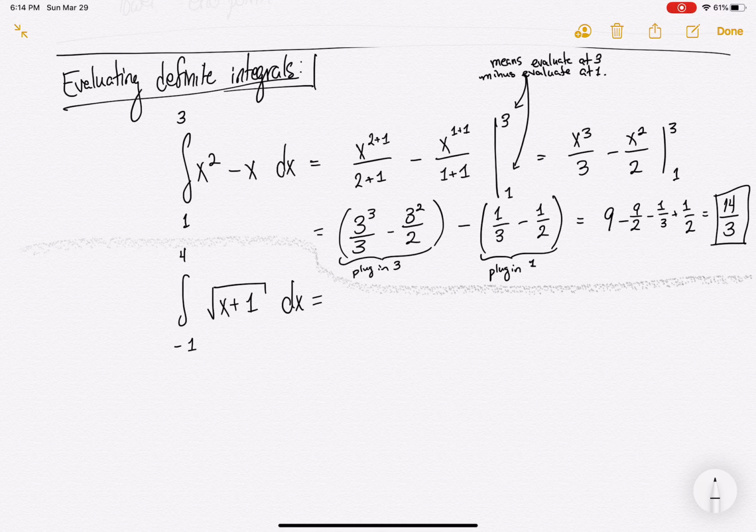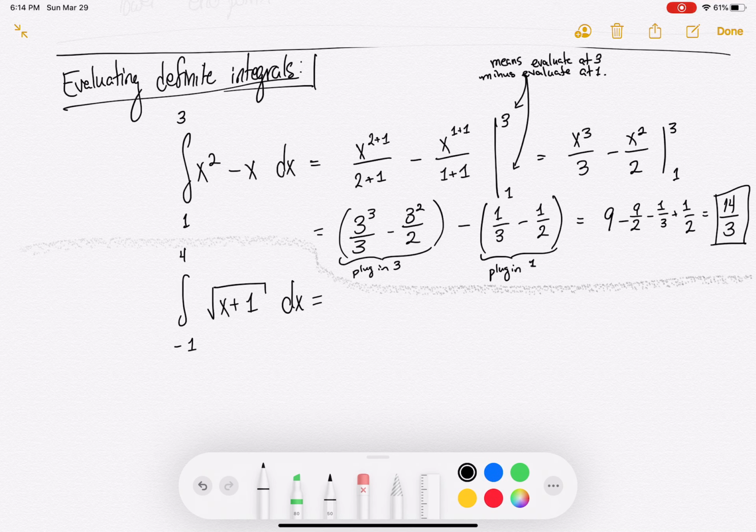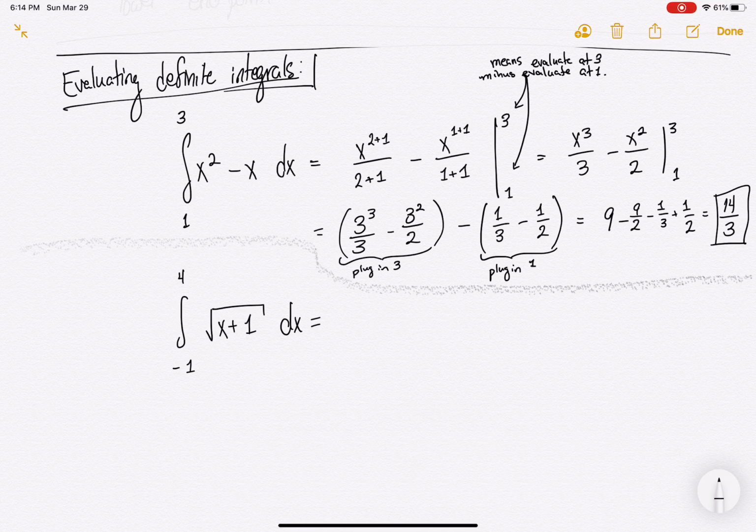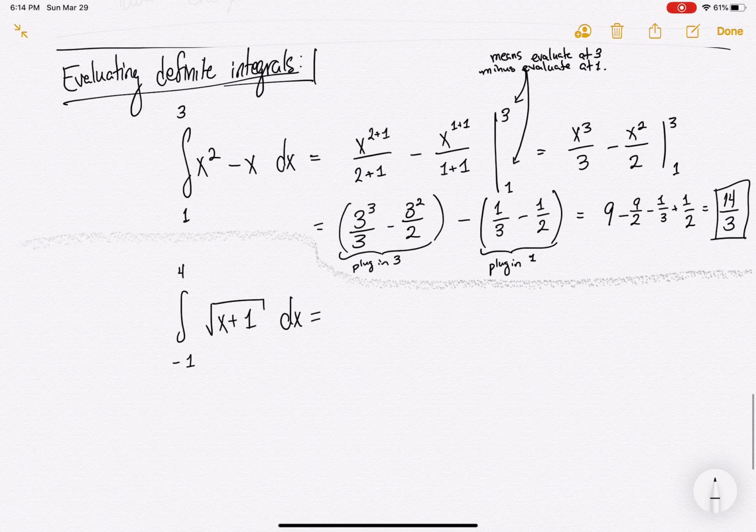This is the square root of x plus 1 version. And to a certain extent, you guys are going to say I should use u substitution here, and I agree with you, but I'm also smart enough to know that using u substitution would not change my problem whatsoever.